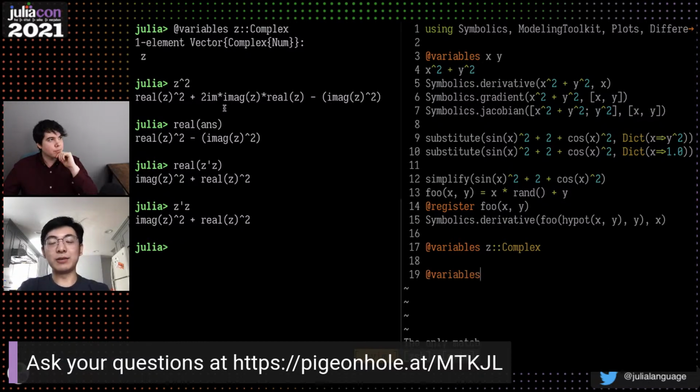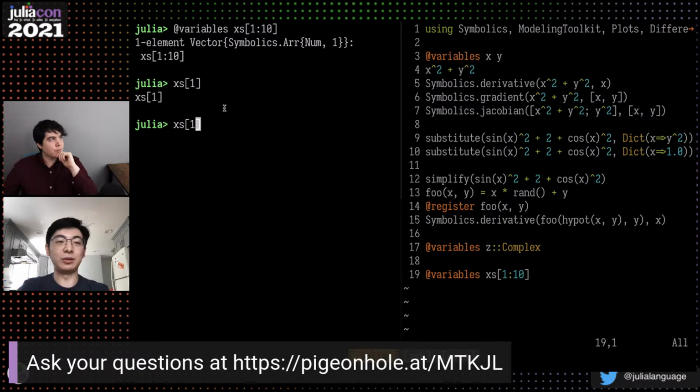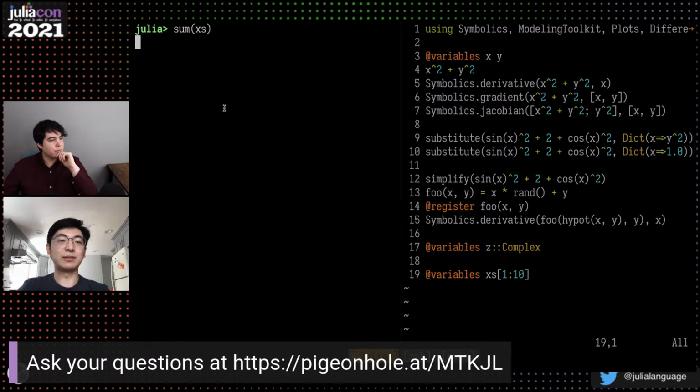So not only can we specify scalar valued symbolic variables, we can also have array valued symbolic variables. In here, if I use this syntax, it's basically saying that xx is a symbolic array variable that you can index into by integers from 1 to 10, and then we can also compute the summation of this.